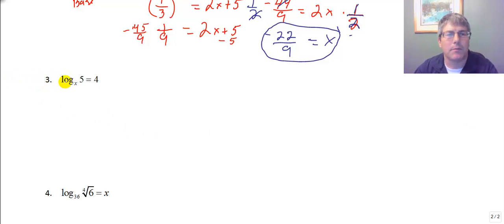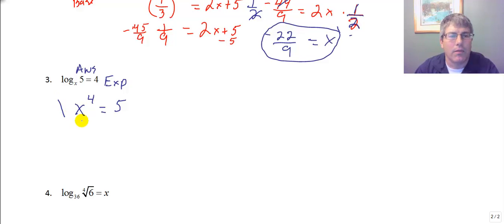Third sample problem, log base x of 5 equals 4. So log base, answer equals exponent. So I'll rewrite it into exponential form. x to the 4th equals 5.